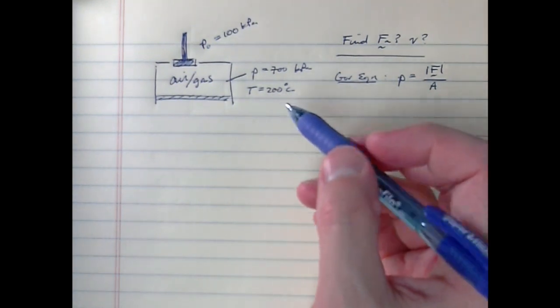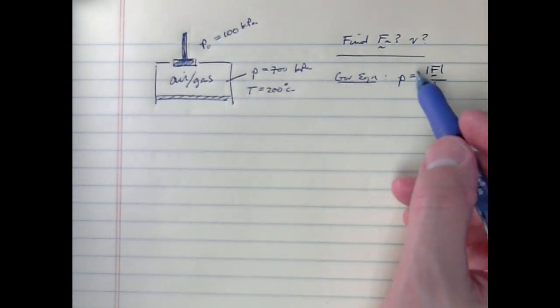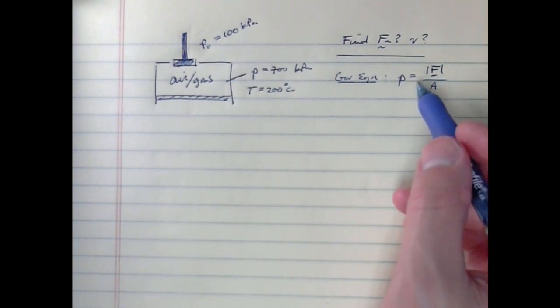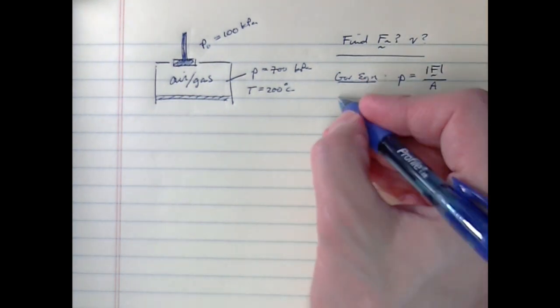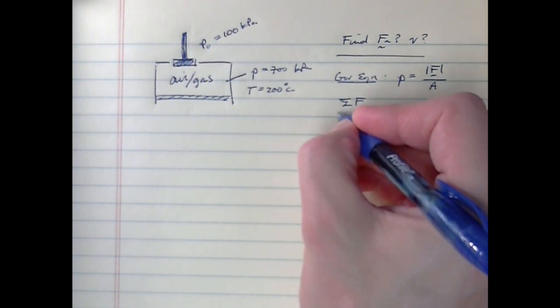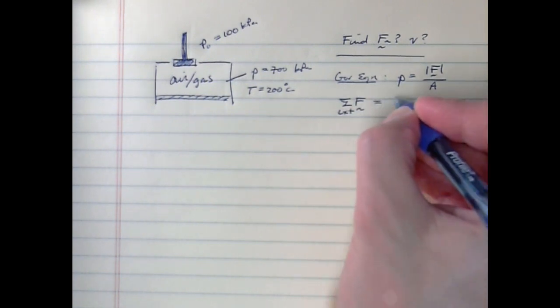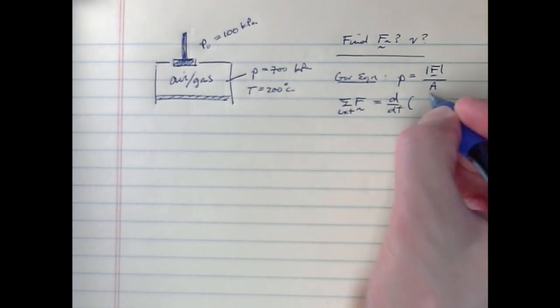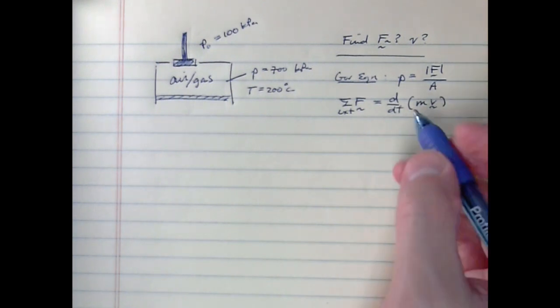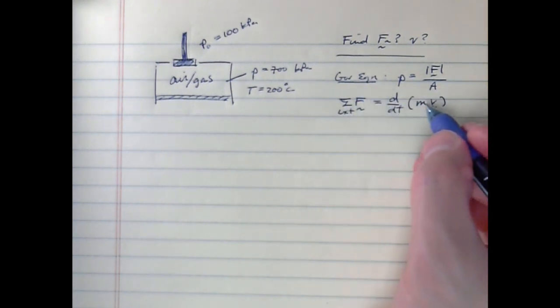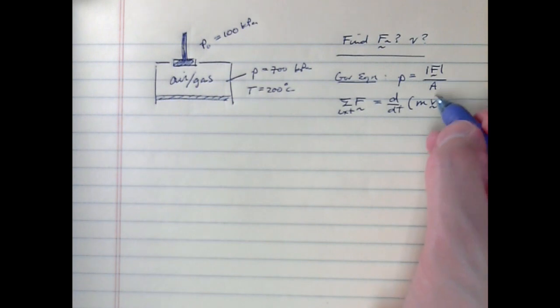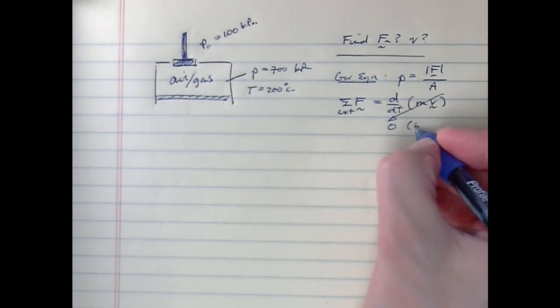So in order for us to figure out what kind of force we need, we relate pressures and areas, and at the same time we want to consider the sum of the forces acting on our small little lifter here. The sum of the forces equals the time rate of change of momentum. And we want to consider the special case that this is balanced.